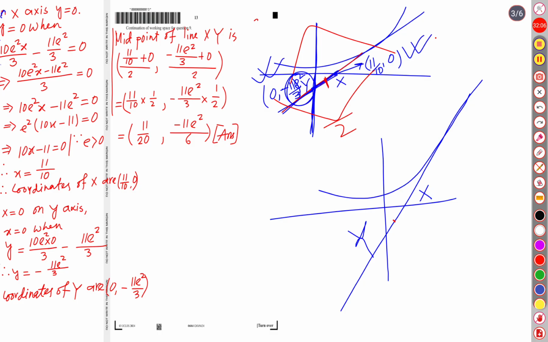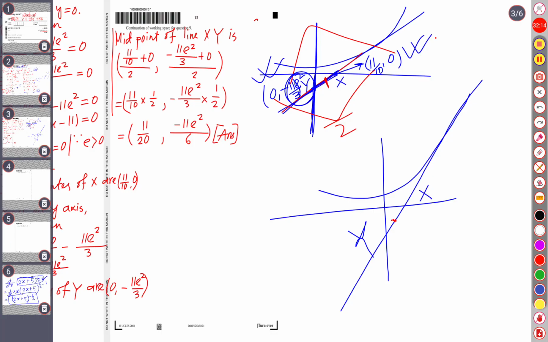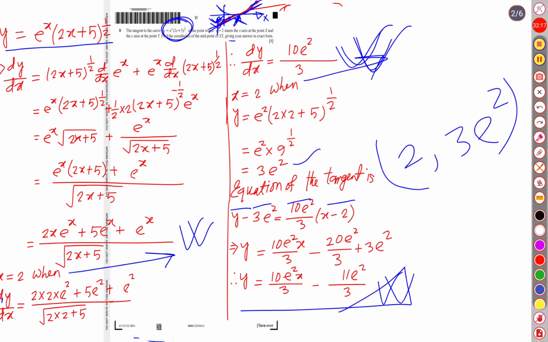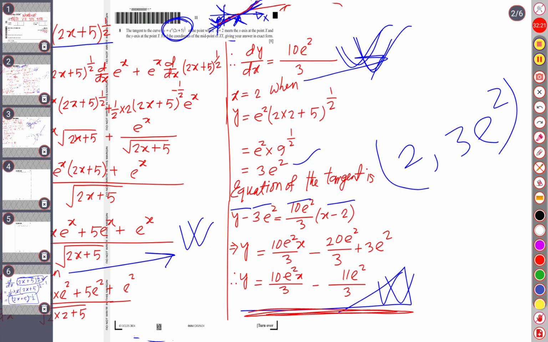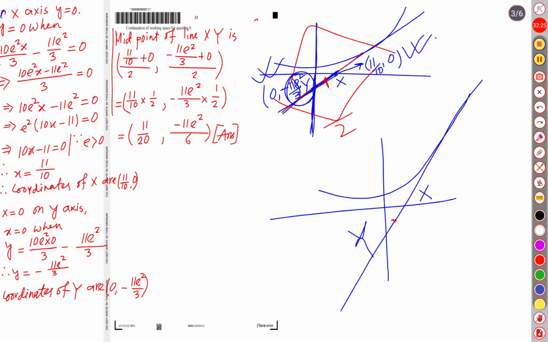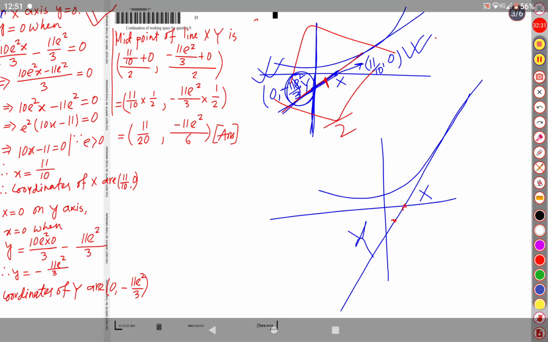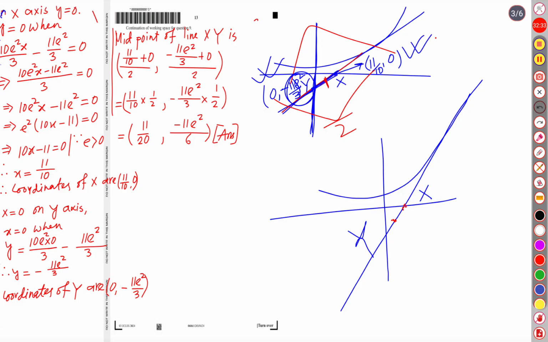Already we have formed the equation of this line xy. This is our equation from the previous page. And as it is intersecting at x, at this point y is 0. We have written here on the x-axis y is 0.